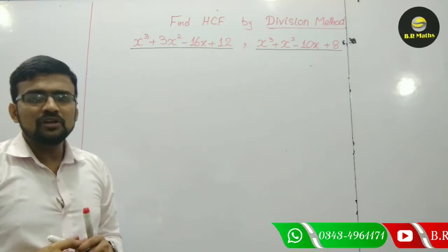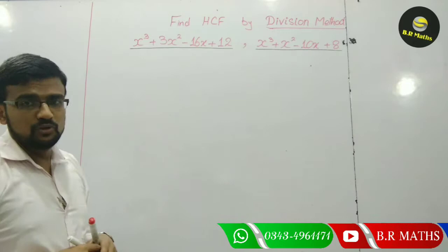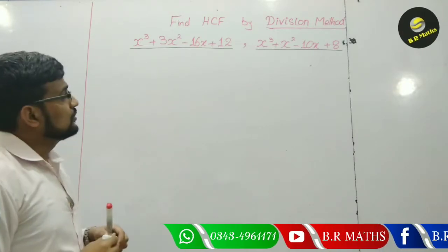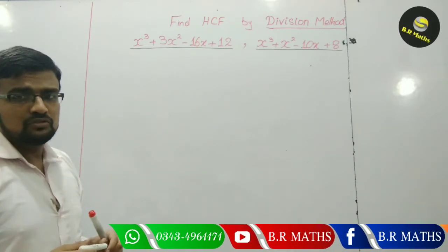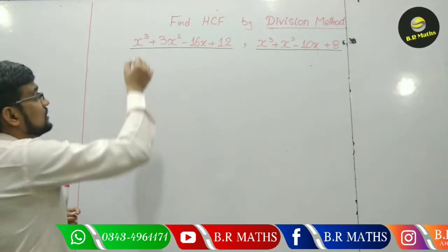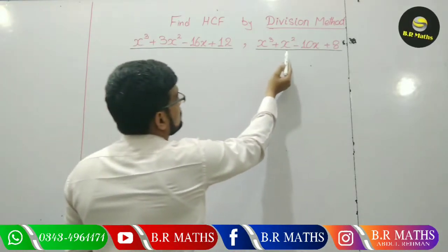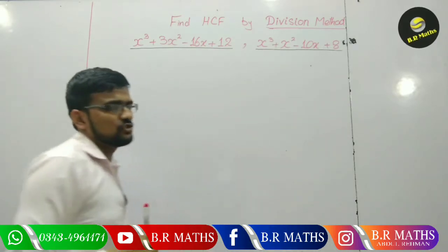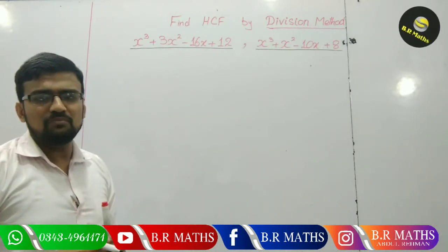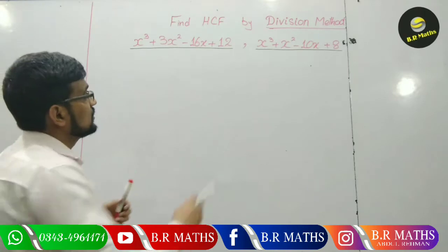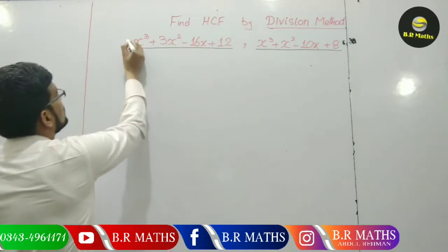Firstly you need to find the greater polynomial. So which is the greater polynomial? Check your degree. In this polynomial the first term is x cube, and in the other polynomial the first term is also x cube. It means both have the same degree. Then check the coefficient.